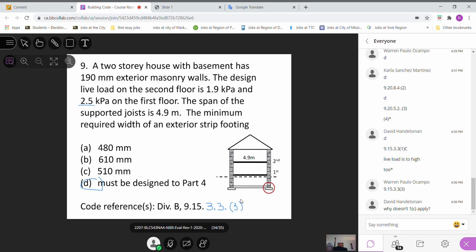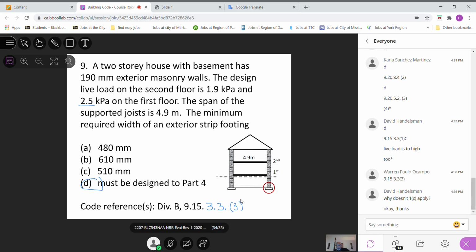C just says the specified live load on any floor supported by the footing does not exceed 2.4. It could be a good answer too. If I was marking the paper, I'd give you a right answer. But C tells me exactly I should go to Part 4, and the question referred to Part 4. It would not be a problem if I was marking the paper; for the effort, I'll give you the mark.